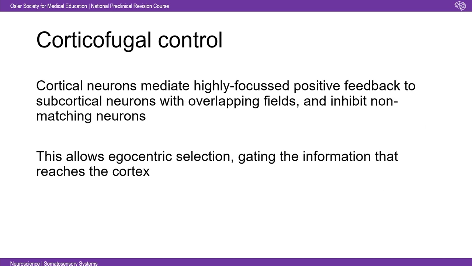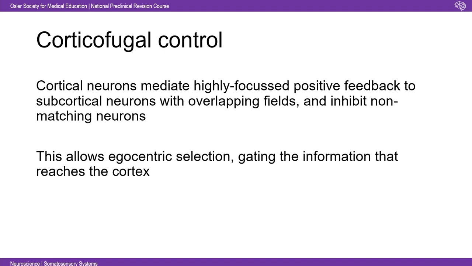Another important feature of the dorsal column system is that it's subject to a lot of corticofugal control. So corticofugal just means coming back from the cortex, so coming from the brain downwards. So neurons of the cortex are adapted in the dorsal column system to provide lots of feedback back down to the lower neurons, for example, in the medulla or further down.